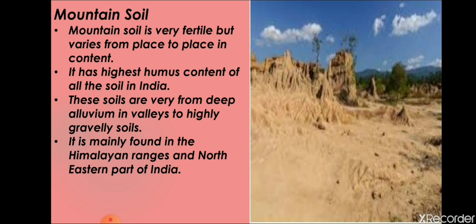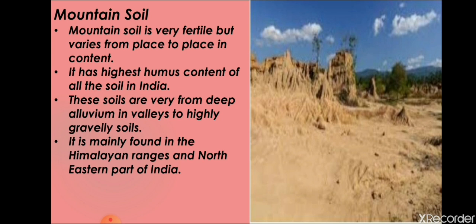This is the soil that has the highest humus content. And in the areas where the river valleys are, this soil is very fertile. From where the soil formation starts, at the peak of the mountains, the soil is not that good. But as we come downwards, the quality of the soil starts improving.